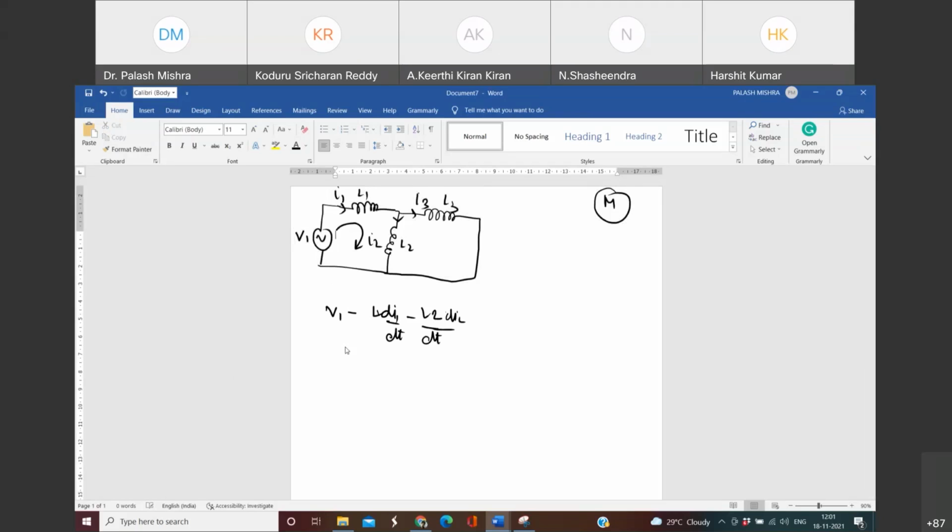And what about the mutual inductance? These three are mutually coupled, that is what I have told you till now. What about the mutual inductance? Minus M. This equation is wrong.